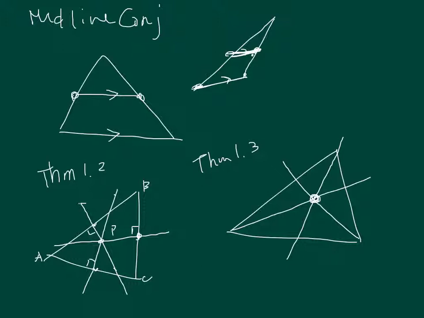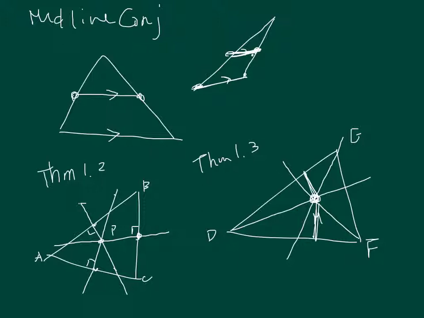Let's say triangle DEF, and the concurrence point is M. Because those are bisecting angles, the distance from point M to DE is exactly the same as the distance from M to DF. Okay? Because it's bisecting the angles, right? Although it doesn't look like it because of my poor sketch.